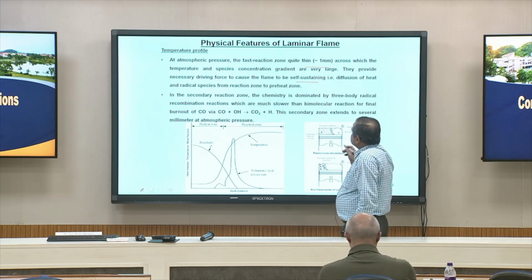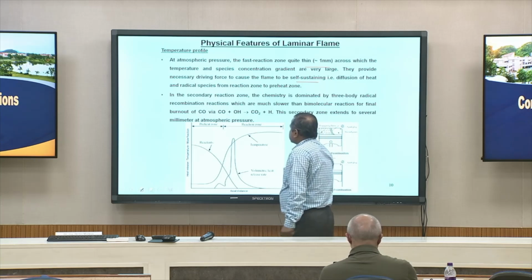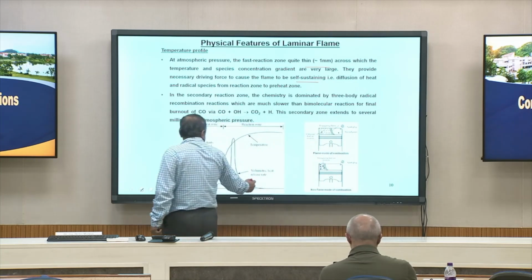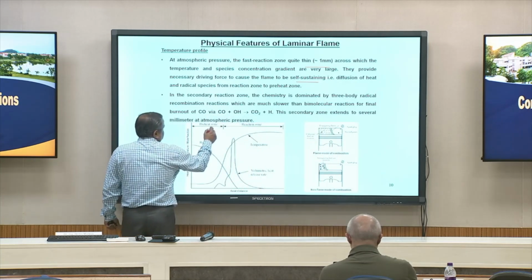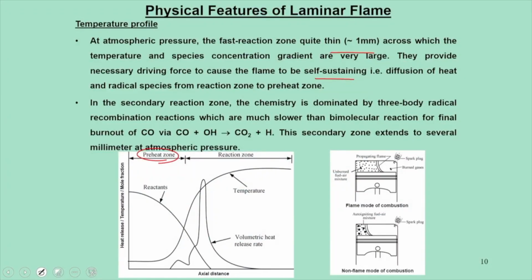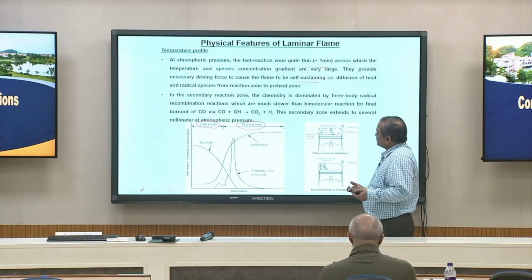Because of this reason, the entire temperature profile is characterized by two zones. One is the preheat zone, the other is the reaction zone. During the preheat zone, you will find the reactant concentration or mole fraction to be higher. Once the reaction is done, the charge gets consumed and the temperature shoots up.